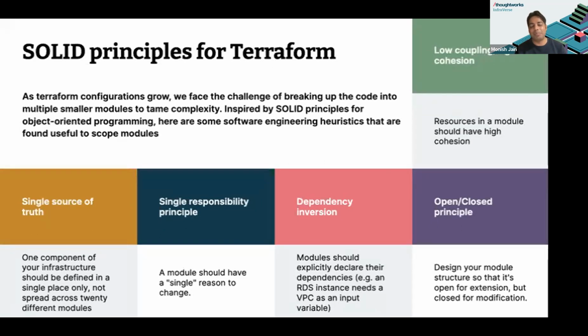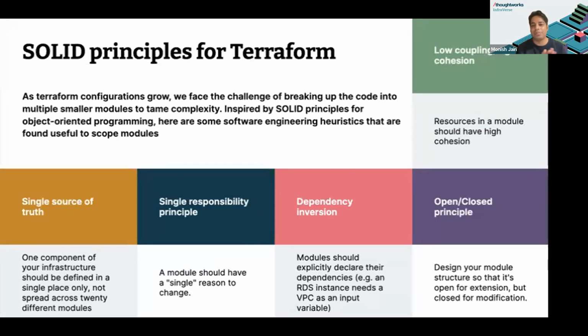And one of the very important design principles around modular structure is that it should have very low coupling and very high cohesion. What is meant by low coupling? If I have a module A and a module B, they shouldn't have too many dependencies on each other. They should be very loosely coupled, otherwise it's not a very good design.